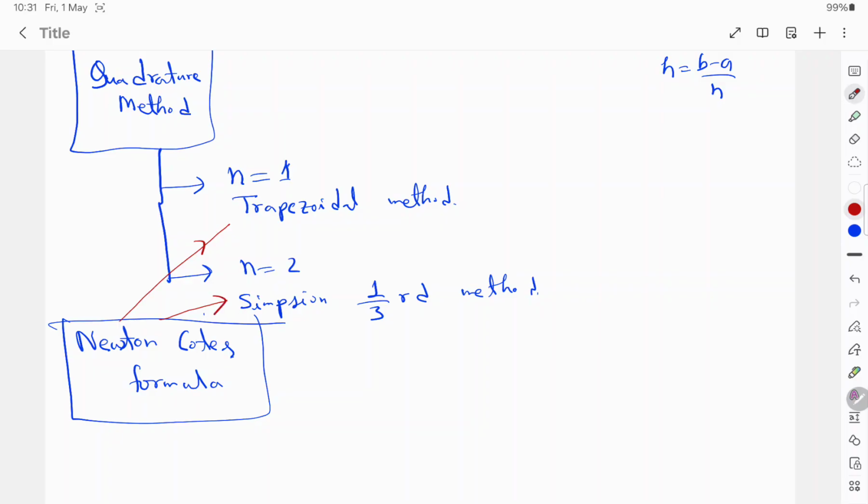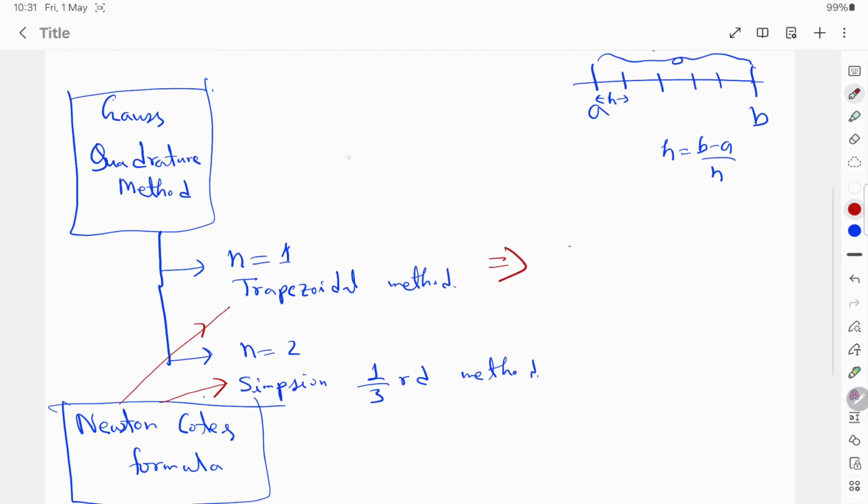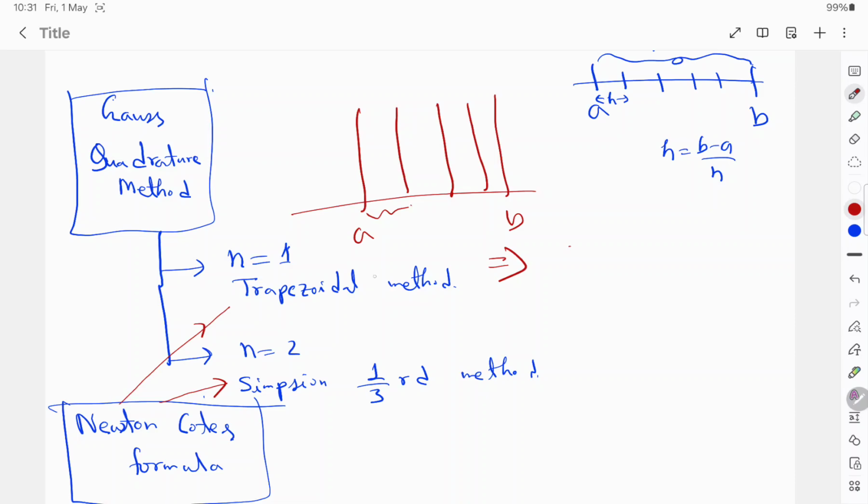Another thing: it also has a composite trapezoidal version, but basically that is very easy. For example, if you have this interval a to b, you will break it into some intervals, and in each interval you use the trapezoidal formula. We will discuss it anyway.